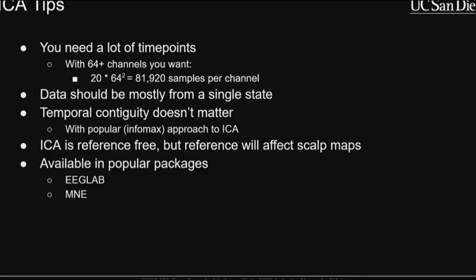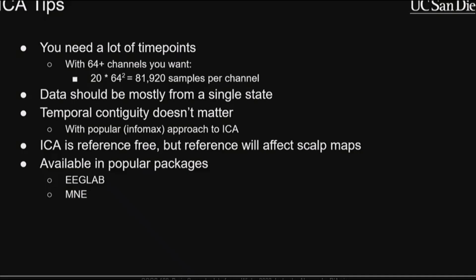But yes, temporal contiguity doesn't matter for the data. This can be useful because ICA, at least Infomax ICA, doesn't care about the fact that your data are temporally contiguous signals. You can stitch together multiple epochs. Let's say someone is doing blocks where they take a 10-minute break between blocks.